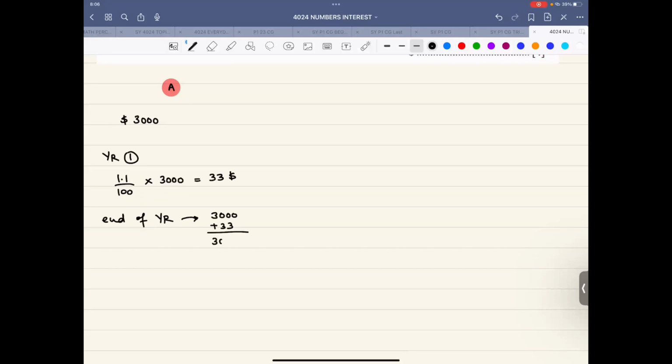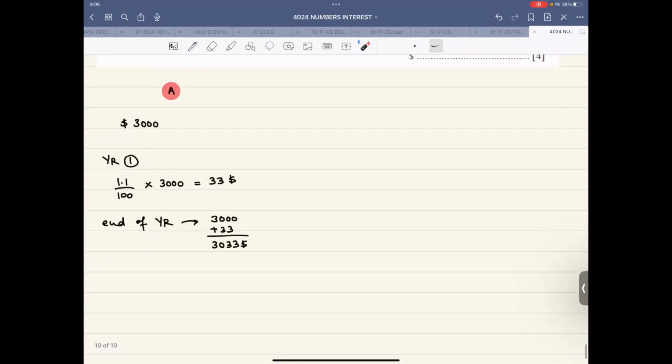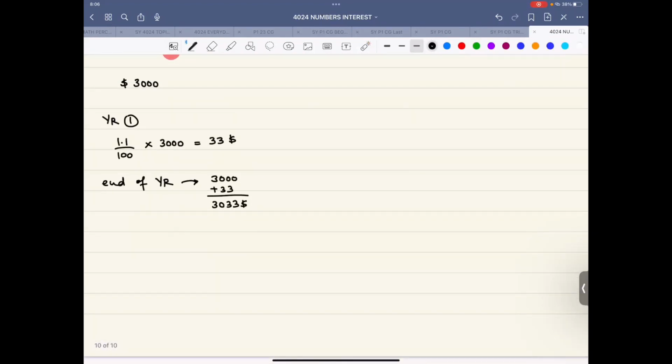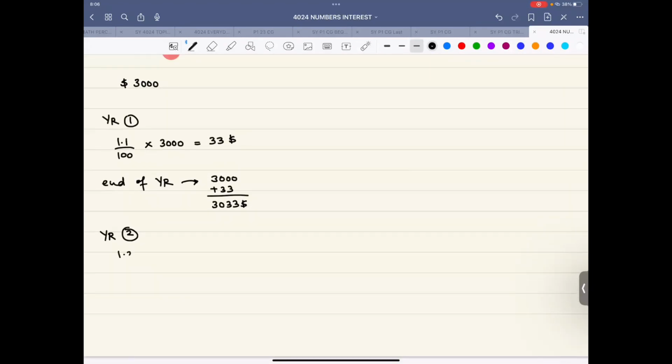That comes out to be $3,033. Now, it says 1.2% interest added to the end of year 1 total. So therefore, at the end of year 2, how much? 1.2% interest. So 1.2% of, that means multiplication of $3,033. So 1.2 into 3,033 divided by 100.